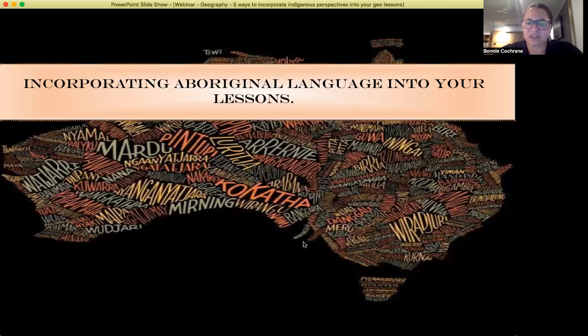The interactive language map that I spoke about earlier is the AATSIS map, Indigenous languages or nations, and that could be found at aatsis.gov.au. I've also added that link into the PDF.